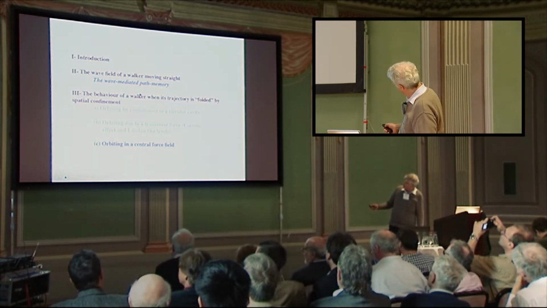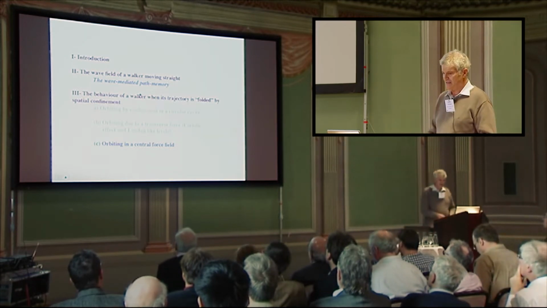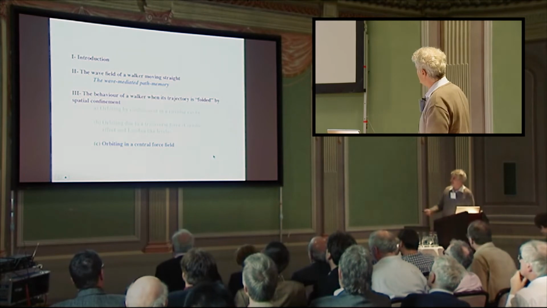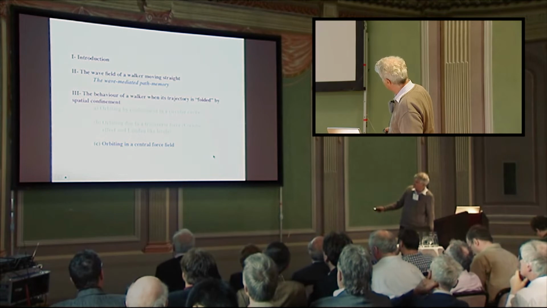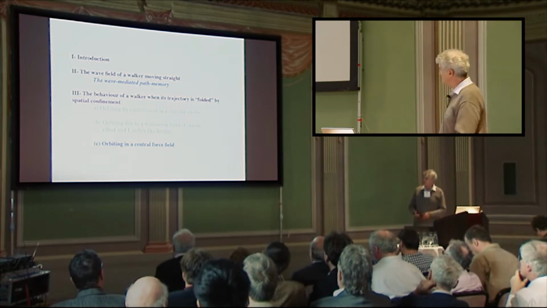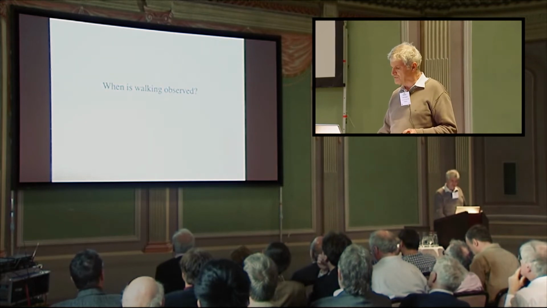And then I will discuss behavior when the trajectory is confined, and in that, you can do many different things, so I will briefly show you films about this, and then I will discuss uniquely the orbiting in a central force field. So when is walking observed?